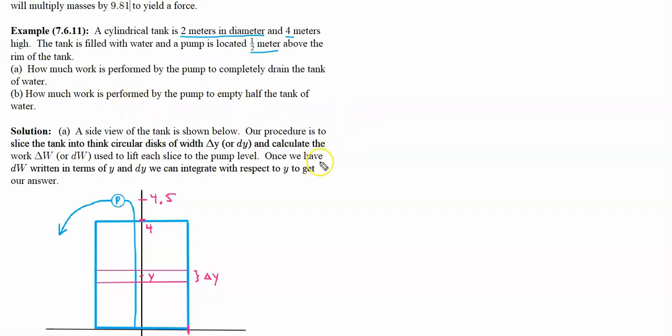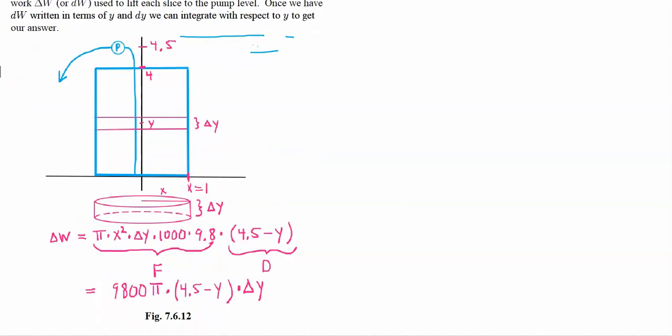All right, now the first thing you want to do with these problems is draw a picture if possible. So that's what we have down here. Here we have a side view of the cylindrical tank. Notice that we have marked here 1 on the x-axis, and this would be -1 over here, right? Because we said the diameter of the tank was 2 meters.